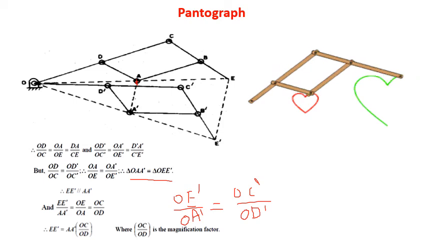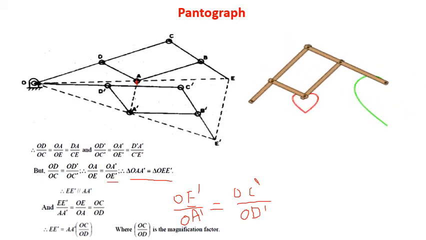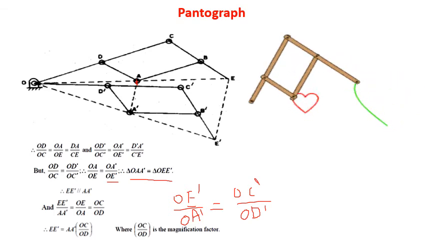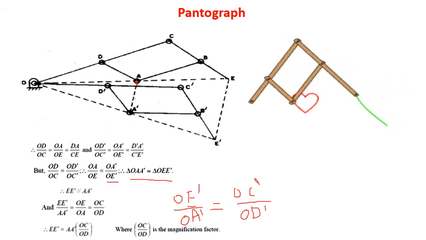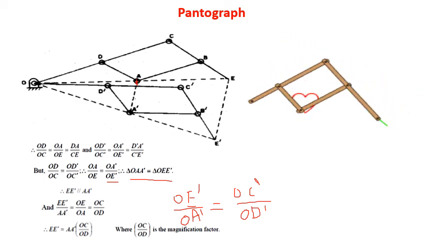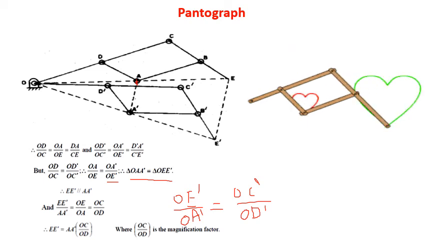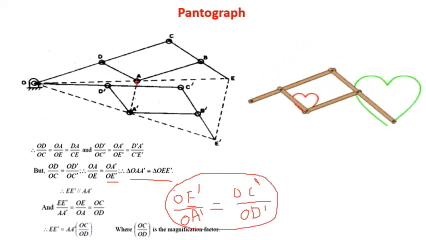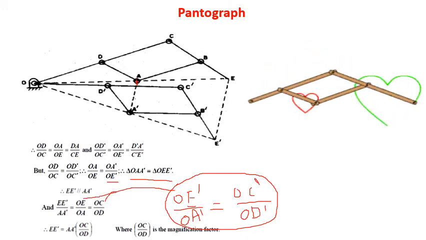But OE dash by OA dash can be written as OE by OA. Similarly, OC dash by OD dash can be written as OC by OD. Therefore, we have written OE by OA and OC by OD.